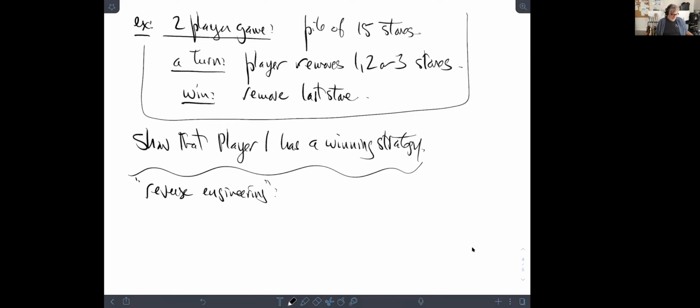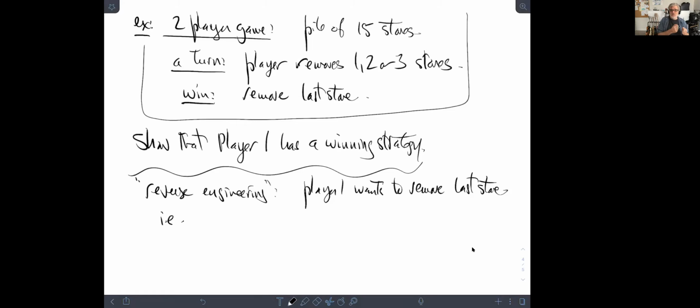Okay. So player one wants to remove the last stone, right? In other words, how can player one be sure to remove the last stone?